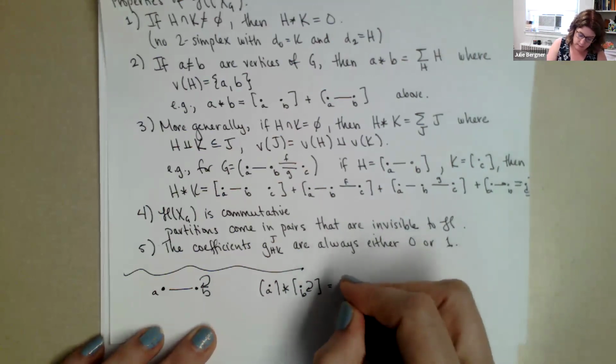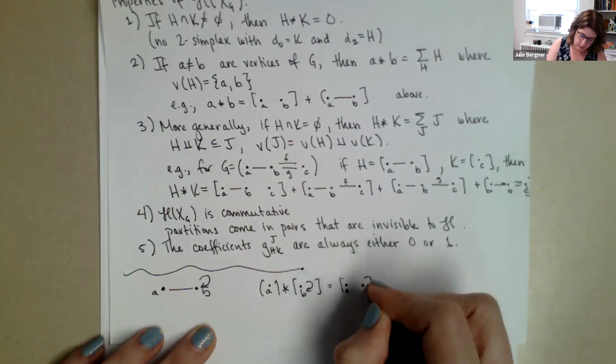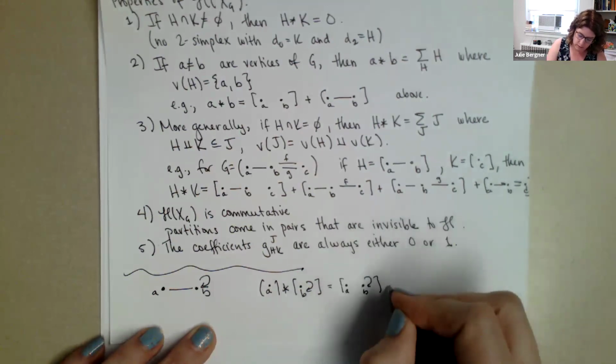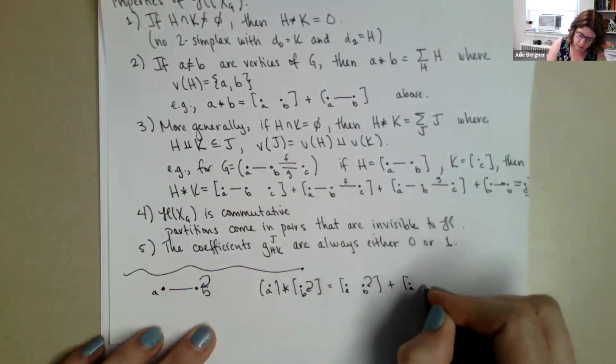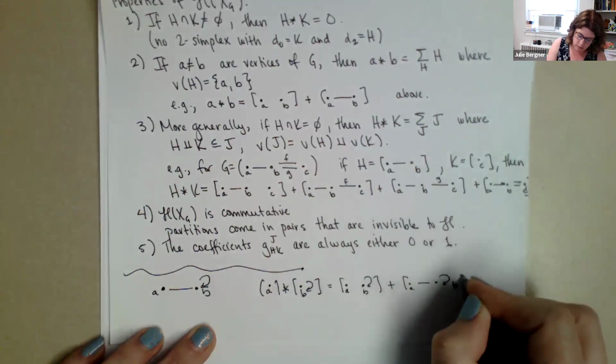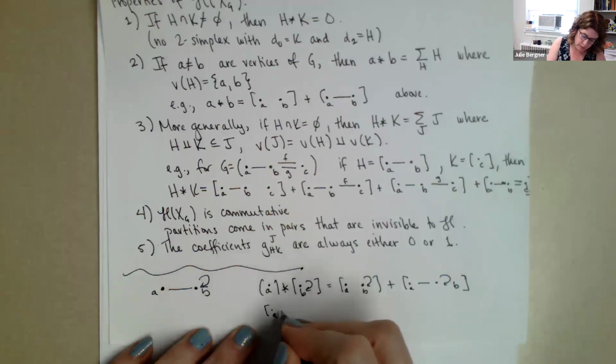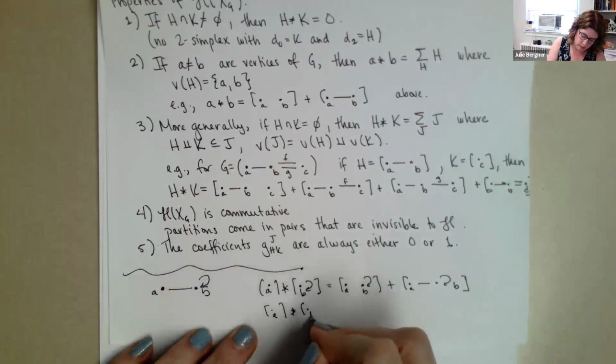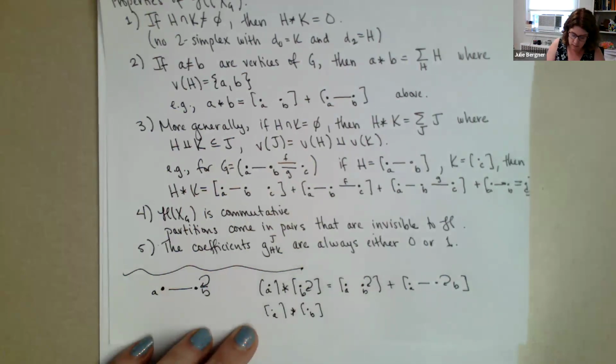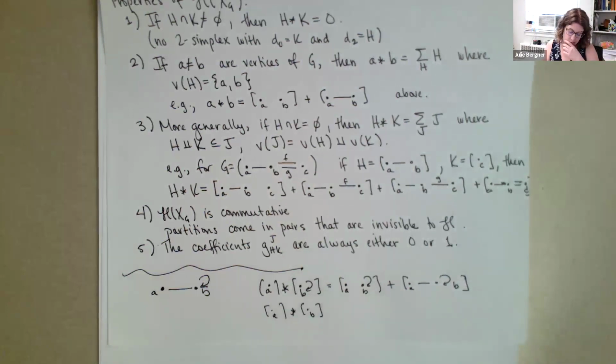You would get either the disjoint union or the thing with the edge between them. That would be distinct from where you multiply A with just B. You'd still get two things, but this is another generator in the algebra or in the vector space.